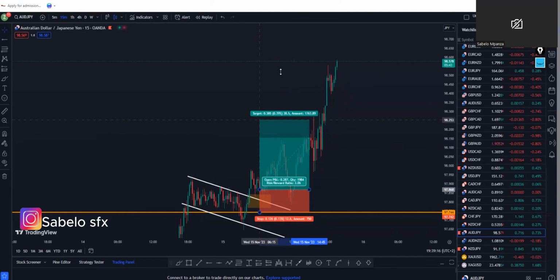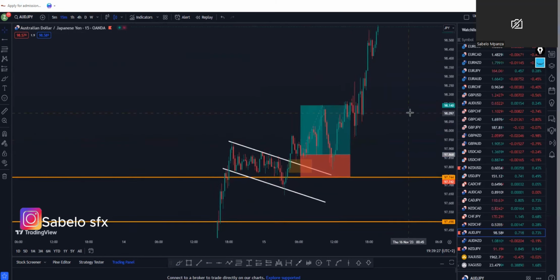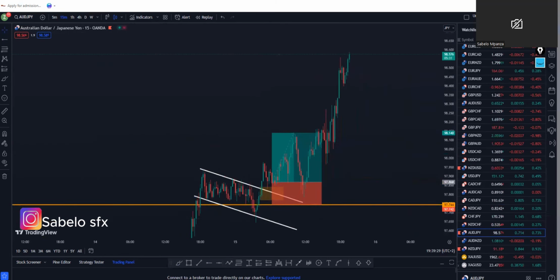But now this thing is even moving like it's giving me a 1:5. But I've taken my profits right here, because sometimes being greedy is going to kill you. So take profit when you feel comfortable taking that money.